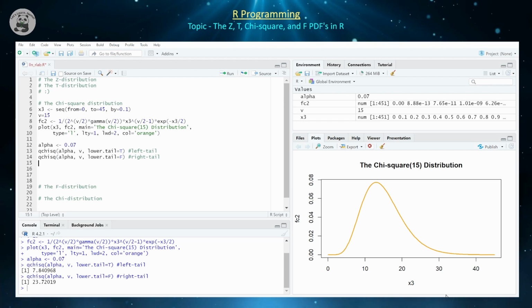But they are symmetric in regards to the probability, right? Because we have alpha to the left and alpha to the right of each of these respectively. Similarly, if we divide our alpha by 2 and split half of it on the left and half of it on the right, we're going to have qchisq of alpha over 2, nu, and then lower.tail equal to TRUE.